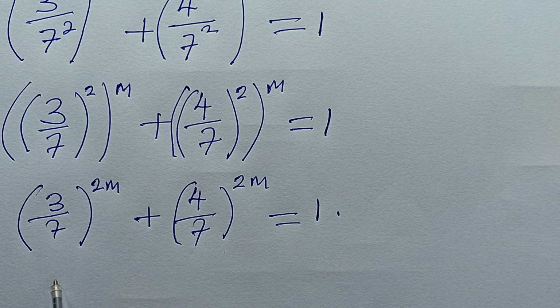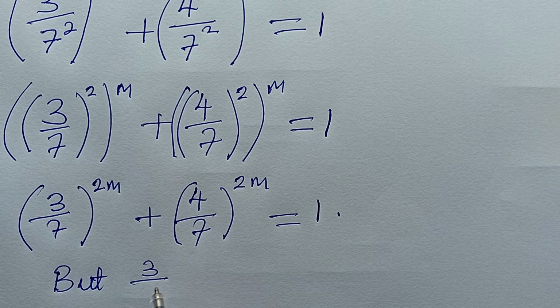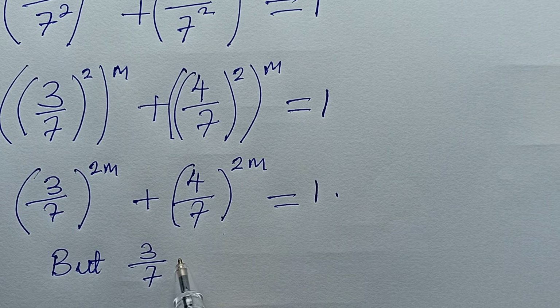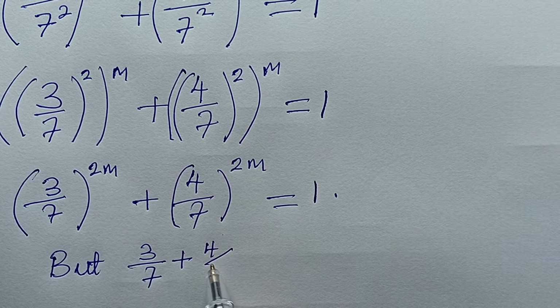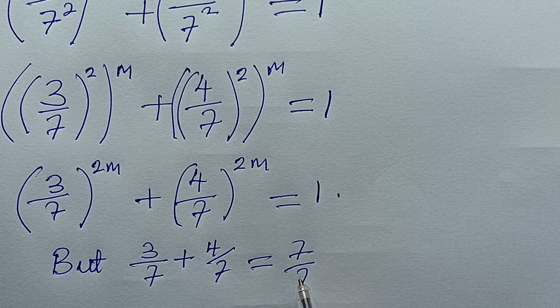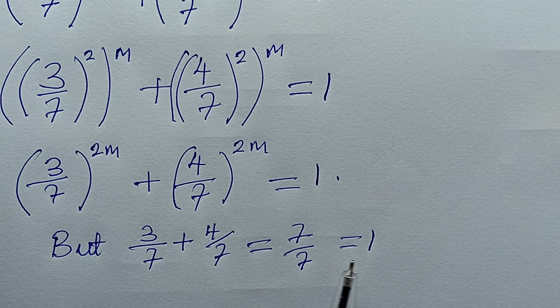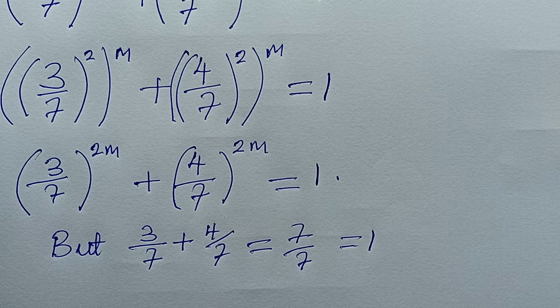So let's put it down here. But (3/7) plus (4/7) is equal to 7/7, which is equal to 1. So if it is true, we can now rewrite the right-hand side of the equation.